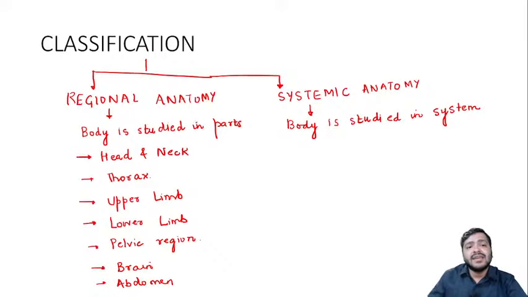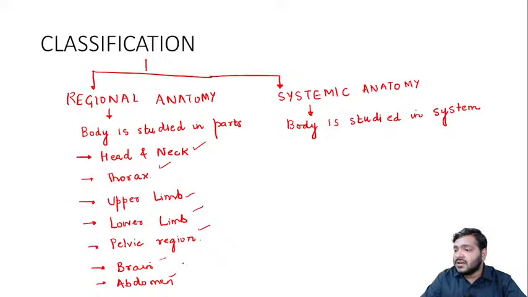So regional anatomy is the one in which the body is studied in parts. First we'll discuss head and neck, thorax, then upper limb, lower limb, pelvic region, brain and abdomen. So the body over here will be studied in different parts, guys.